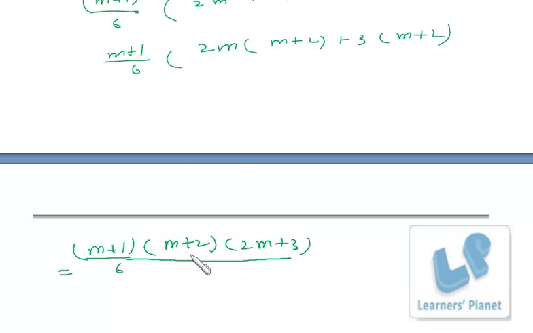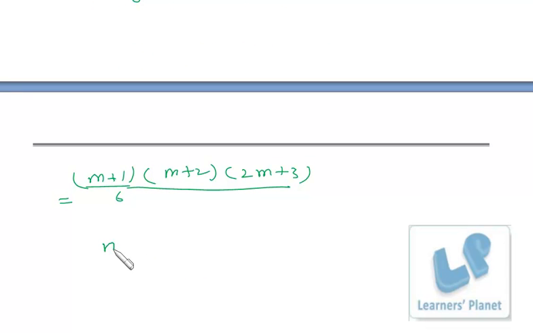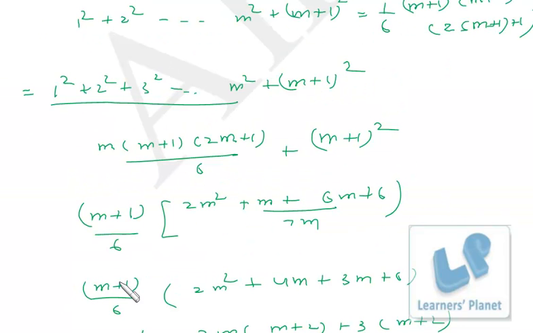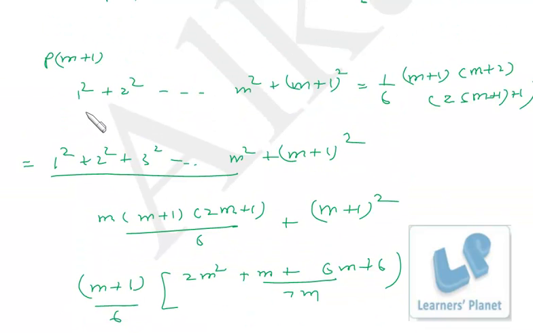On solving this we are getting this. Okay, now this can be written as m plus 1, m plus 2, 2m plus 1 plus 1 by 6, right? So here you can match m plus 1, m plus 2, 2m plus 1 plus 1.